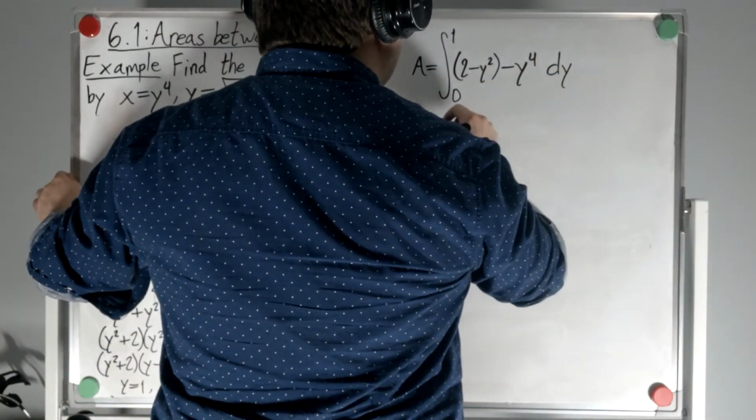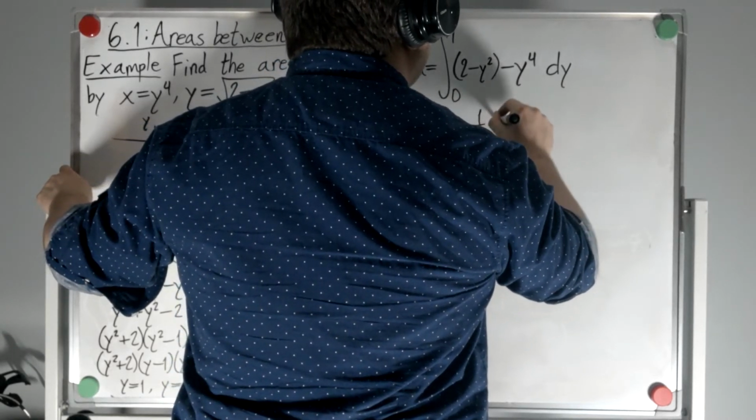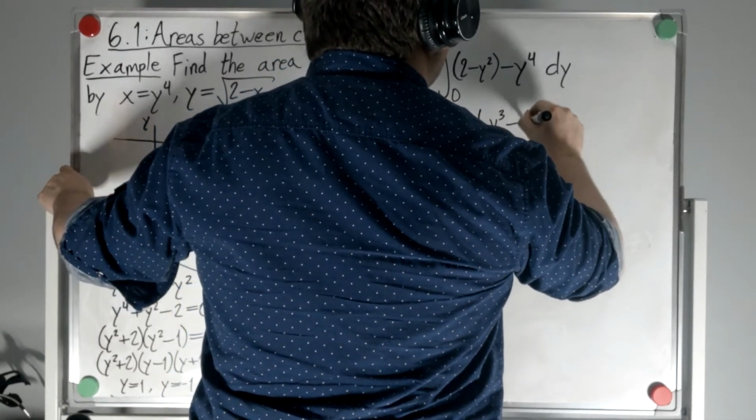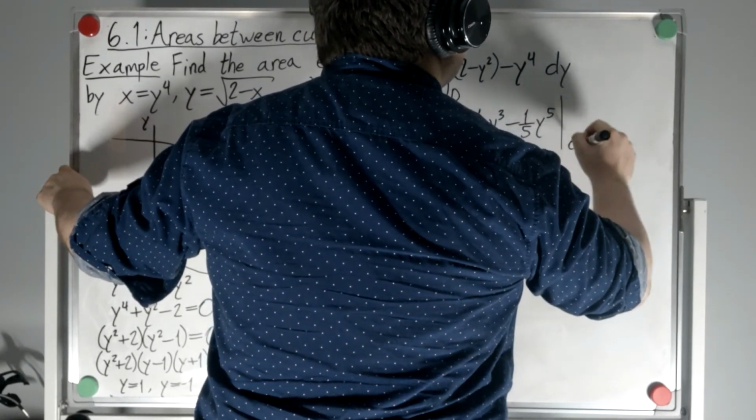So, you do this antiderivative. You get 2y minus 1/3 y cubed minus 1/5 of y to the fifth, evaluated from 0 to 1.